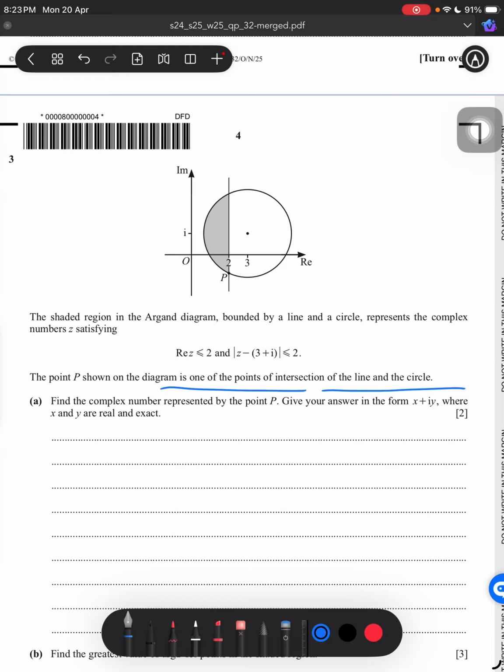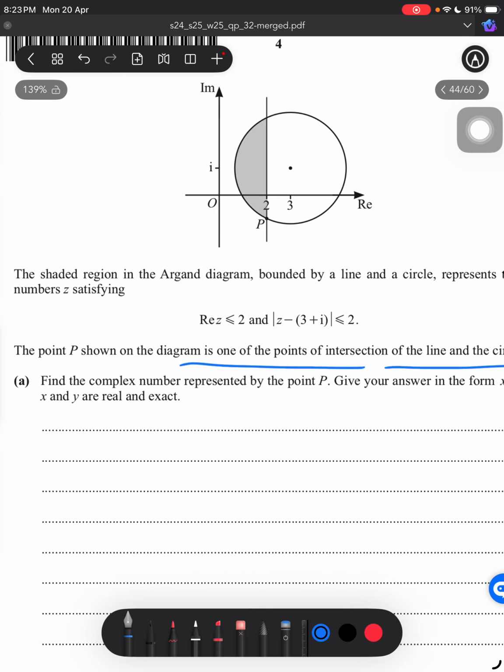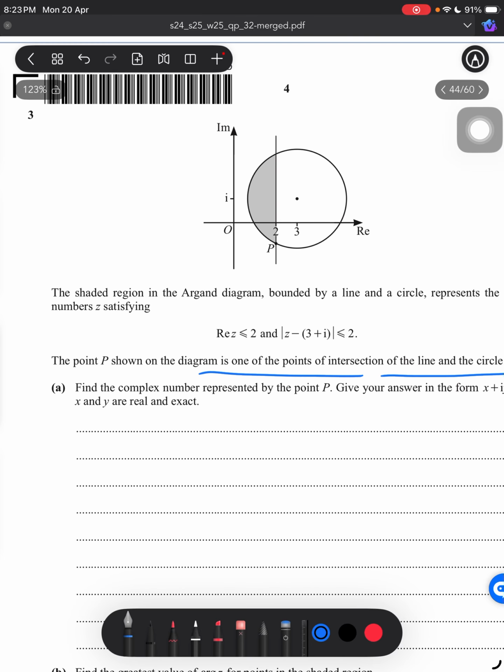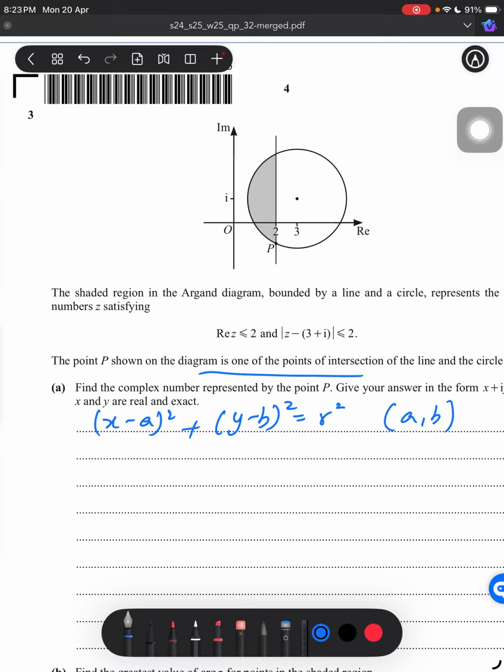For this, we need to know the first thing, the value. We know from the basics that (x minus a) whole squared plus (y minus b) whole squared would be equal to the radius squared, where the center is (a, b). In this particular case, we can see that this point is the radius.